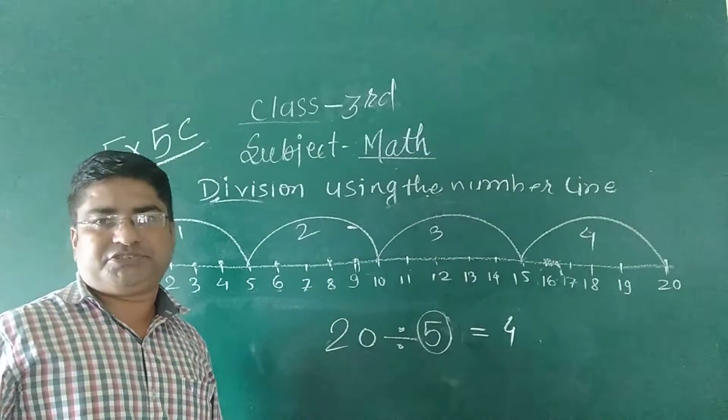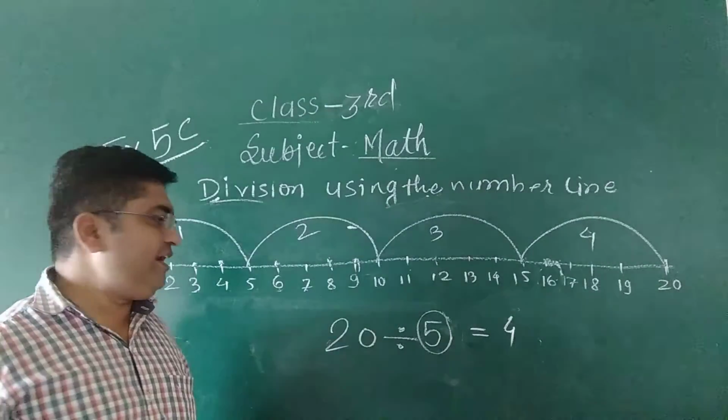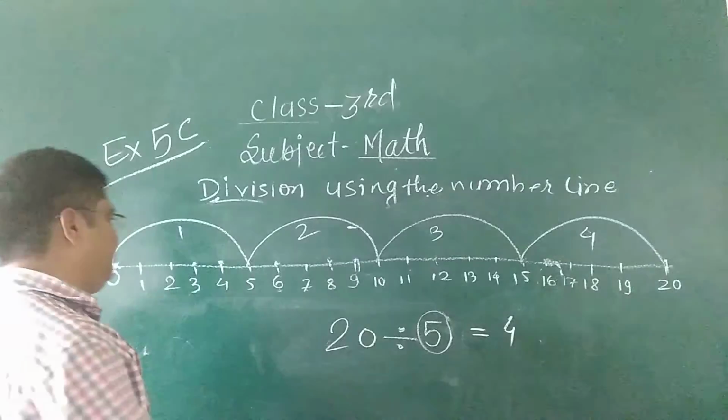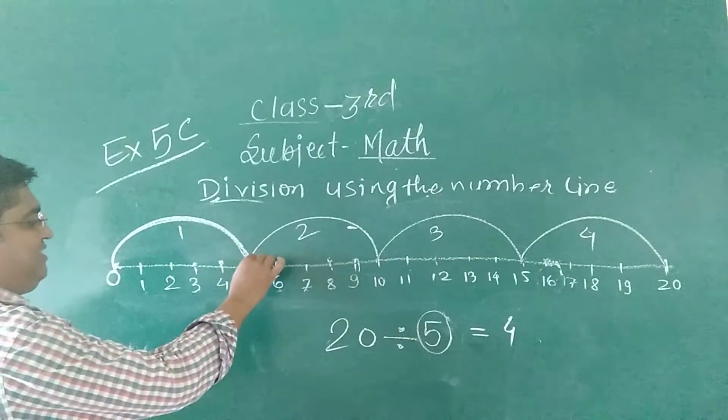Anybody having doubts? Okay, so 20 divided by 5 equals what? See here, on the number line we have to solve like that.